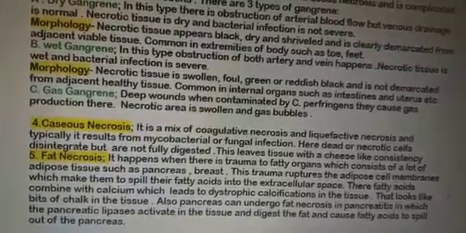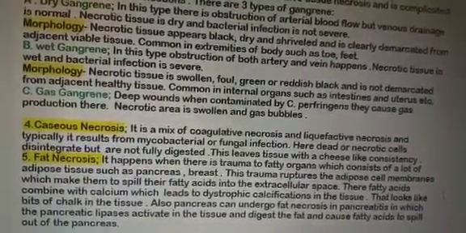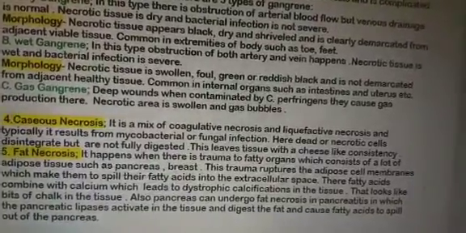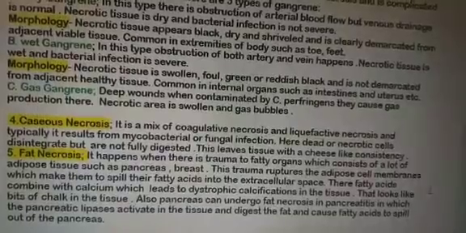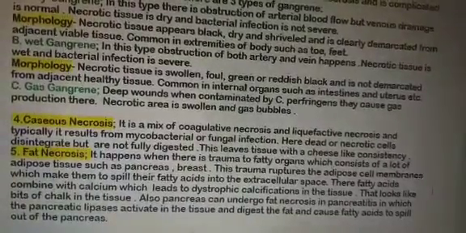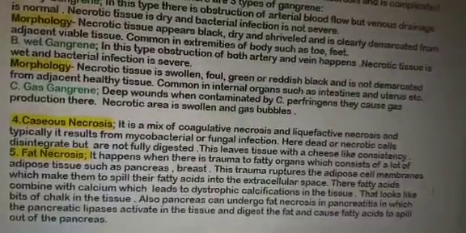Gas gangrene: what happens is that deep wounds, when contaminated by C. perfringens, cause gas production there. In the area we can see gas bubbles, and that is gas gangrene.